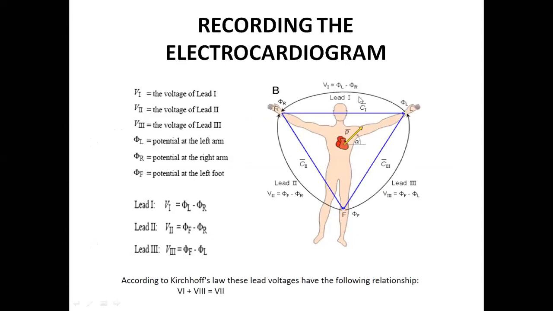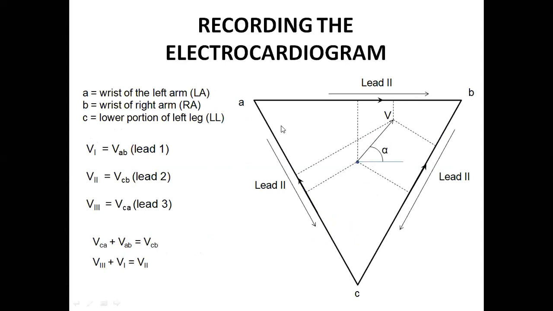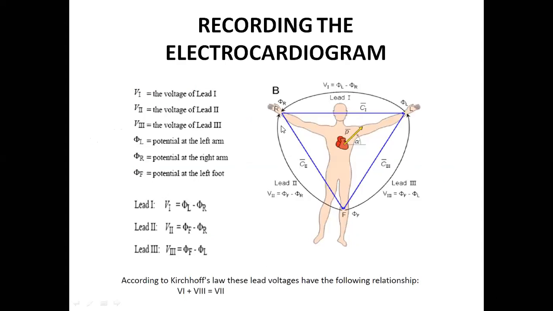Let us go to the Einthoven triangle. You can see in the previous slide, 3 electrodes are placed. One on the right arm, denoted as R. This is the left arm, that is L, and the left foot, that is denoted as F. Okay.